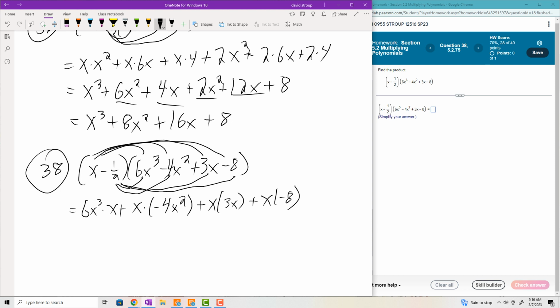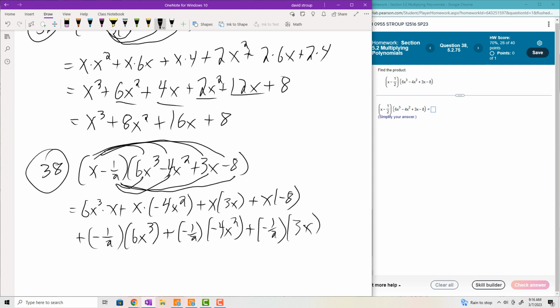Negative 1/2, so it's plus negative 1/2 times 6x cubed plus negative 1/2 times negative 4x squared plus negative 1/2 times 3x plus negative 1/2 times negative 8.